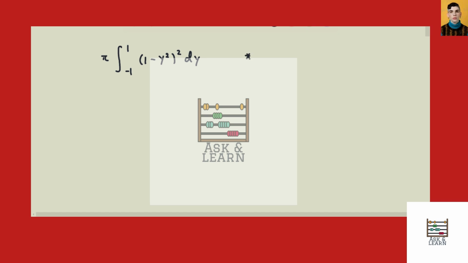Now, the approach that I like to take is that I see that there is a pi in something squared. So that should remind you of pi r squared, which is basically the area of a circle. That's the biggest hint that you have here.